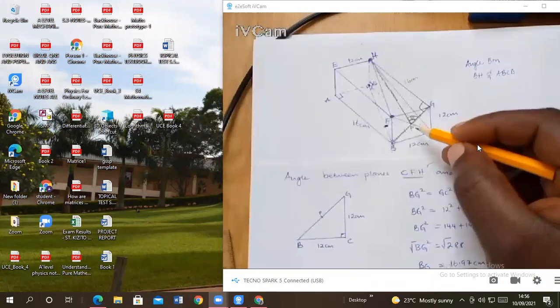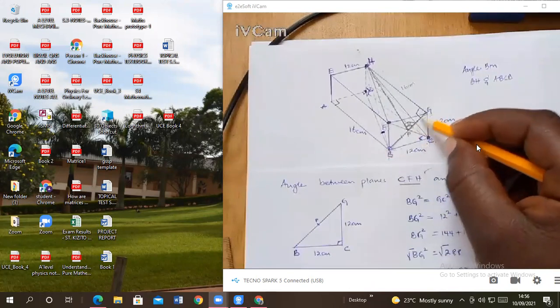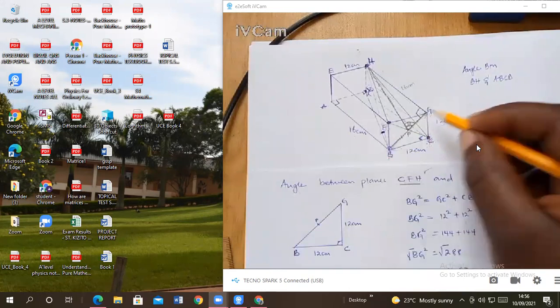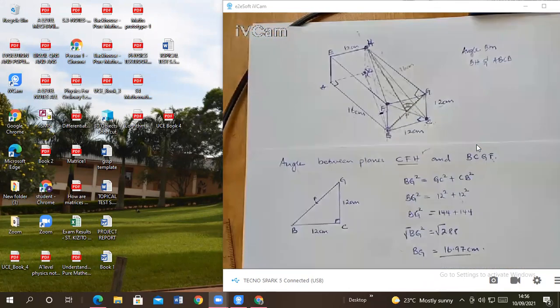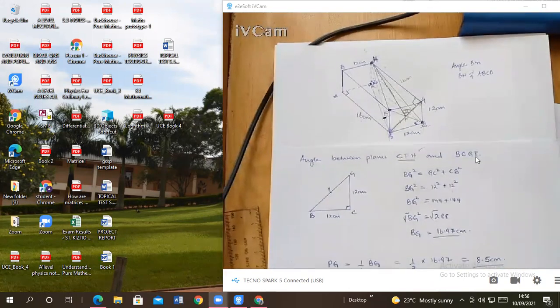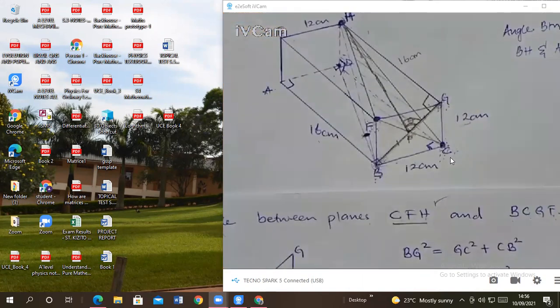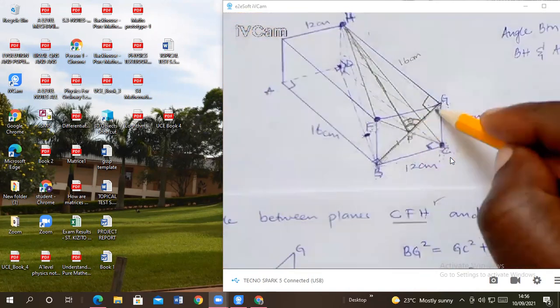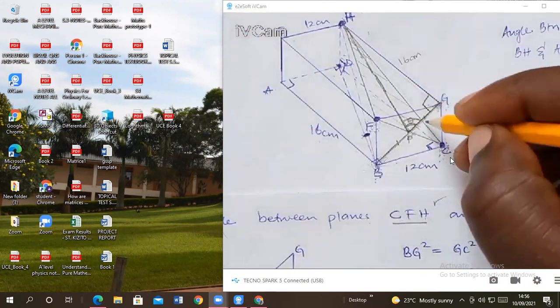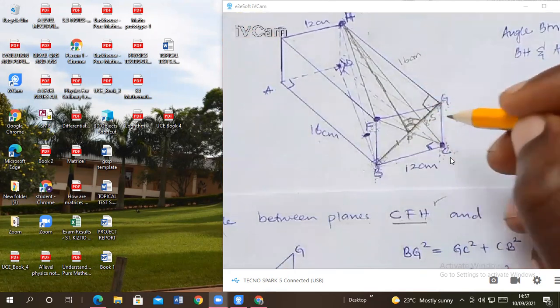Now I know that my big G here is a half of big G. So that's why I said a half times 16.97, and I got 8.5. So if I zoom in there, it means that this PG here is 8.5.